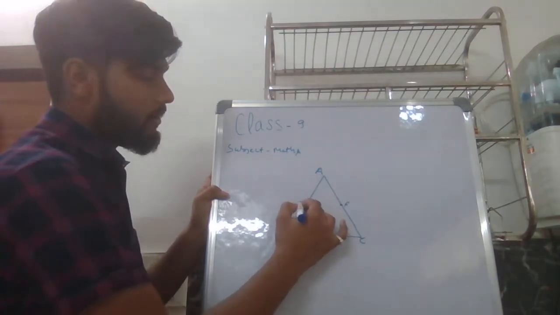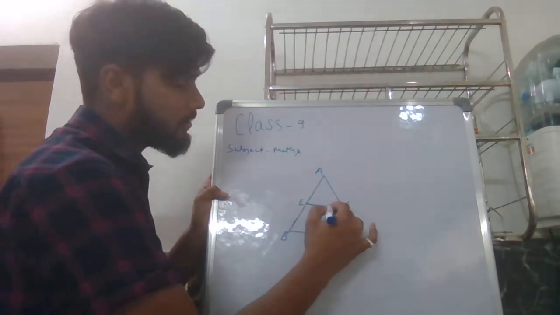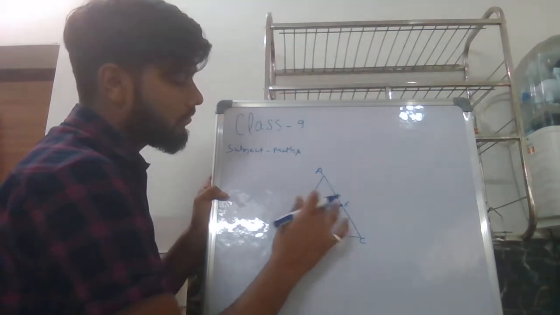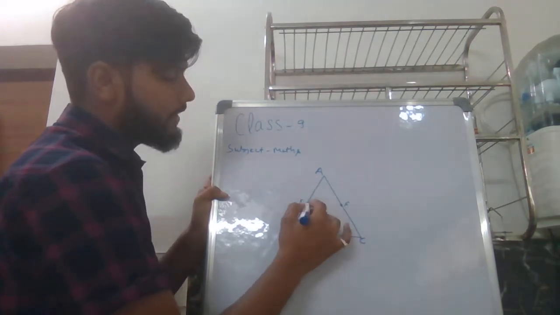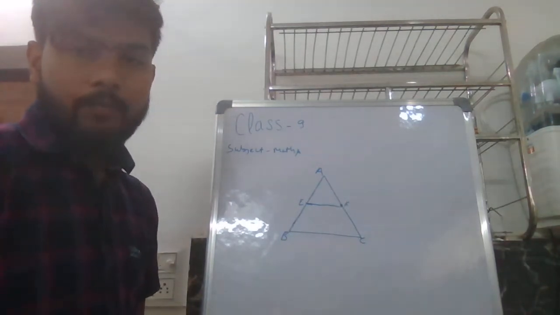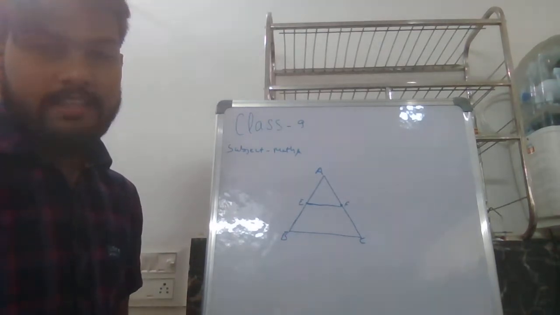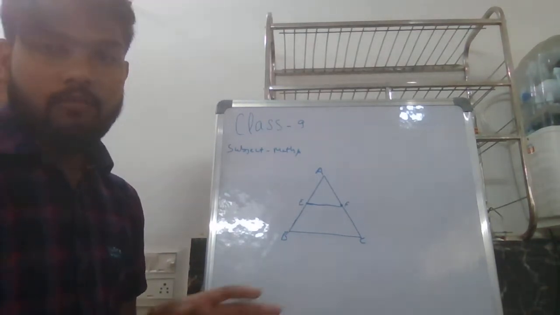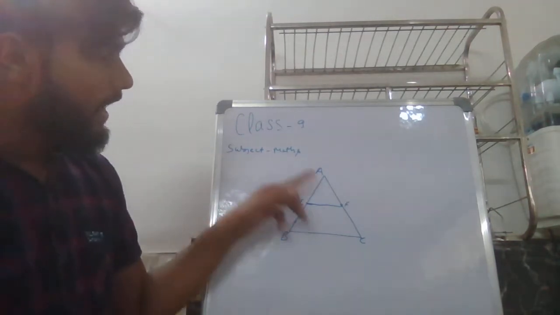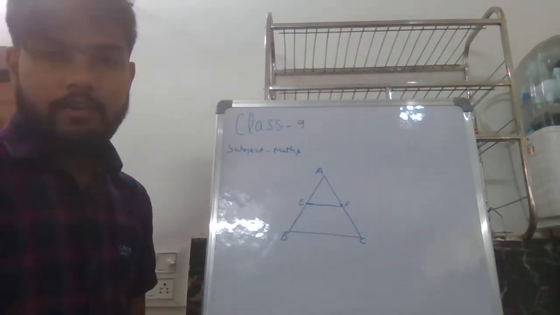Here I will draw one more line and cross this. We will make a line and see that this is an intersecting line. Now here you can see triangle ABC and line EF.